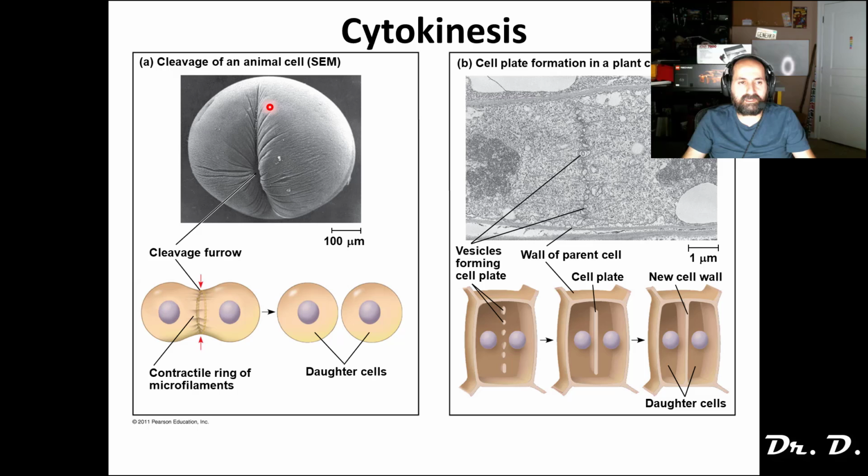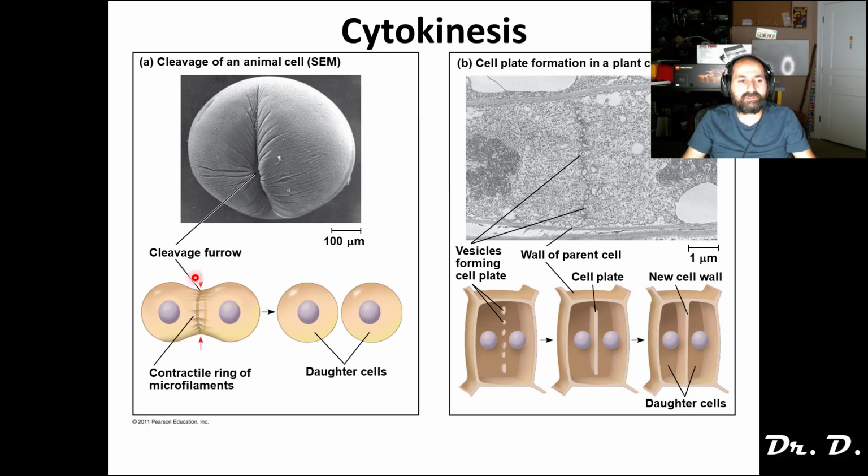Animal cells, remember animal cells do not have a cell wall. They just have a cell membrane. And so what do you do with the cell membrane? You start to constrict or pinch the cell membrane at the middle of the cell. This pinching of the cell membrane is called the cleavage furrow. Okay, basically you pinch the membrane until you've pinched the cell into two halves.